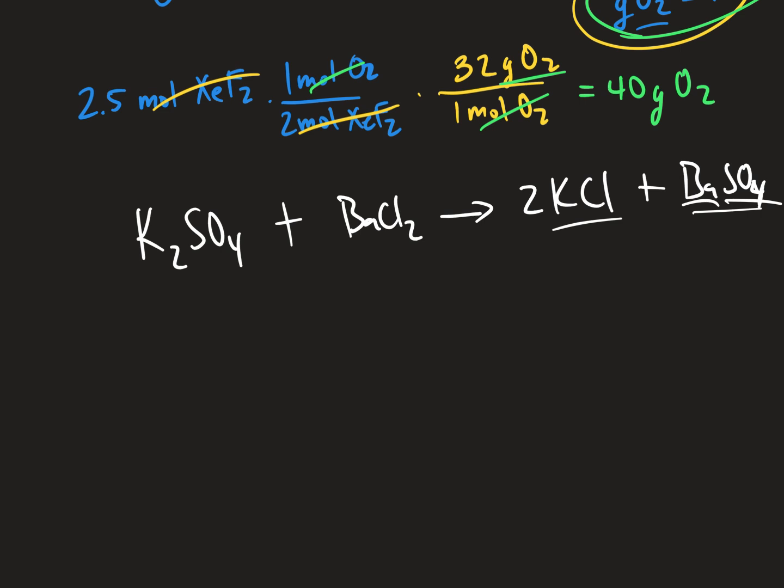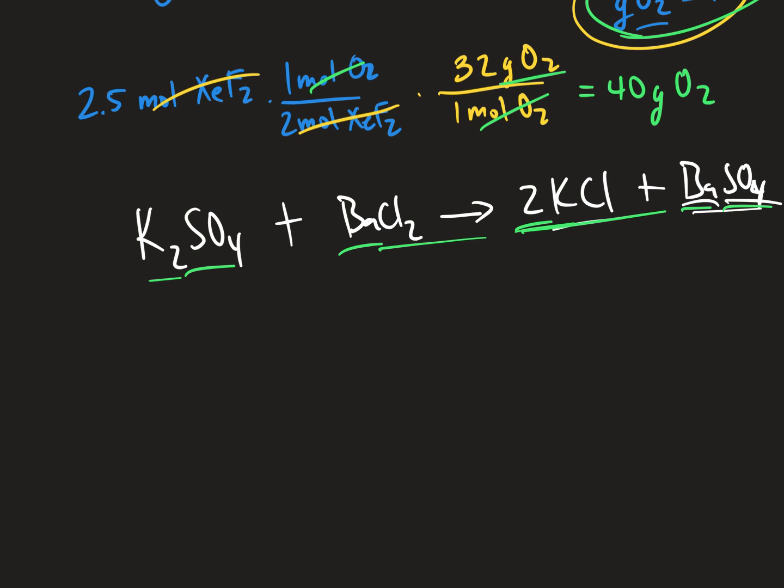Okay, do we have a balanced equation? There's this 2 here. Does that mean it's balanced? Can you always check? Yeah, let's check to make sure. 2 potassiums, 2 potassiums, 2 chlorines, 2 chlorines, 1 barium, 1 barium, 1 sulfate, 1 sulfate. Yeah, we're good. Okay.